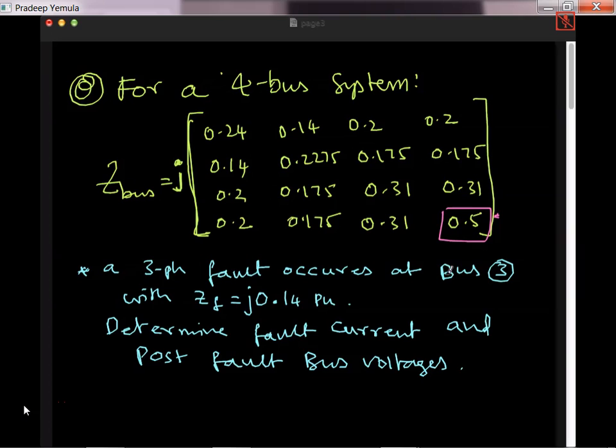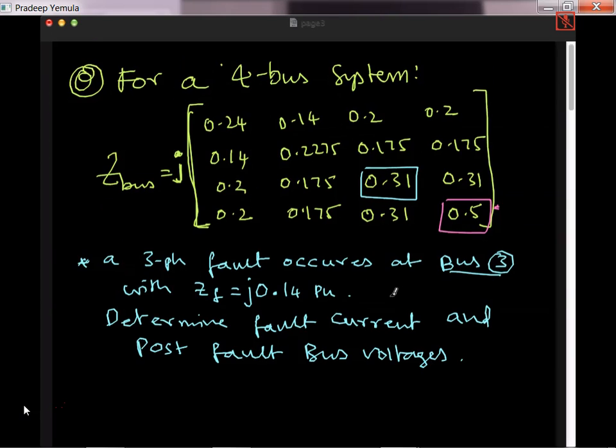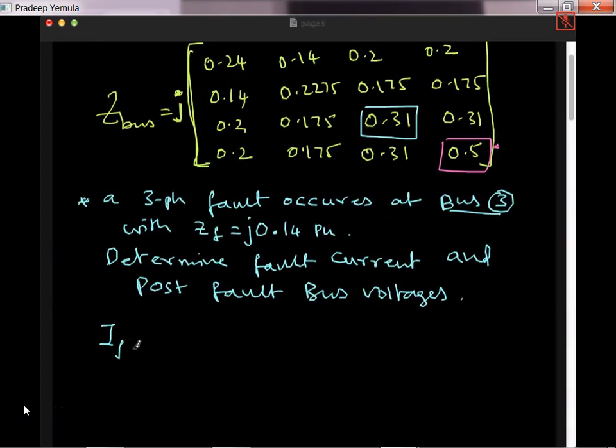So now you see bus 3. You take the bus 3, that is 0.31 is the Thevenin's impedance of bus 3. Therefore the fault current will be the pre-fault voltage V3 divided by Z fault plus Z33. In the earlier case it was a short circuit fault, so Z fault was 0, but here we have some finite value.